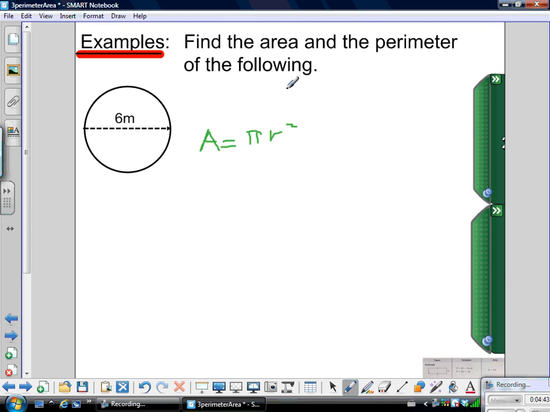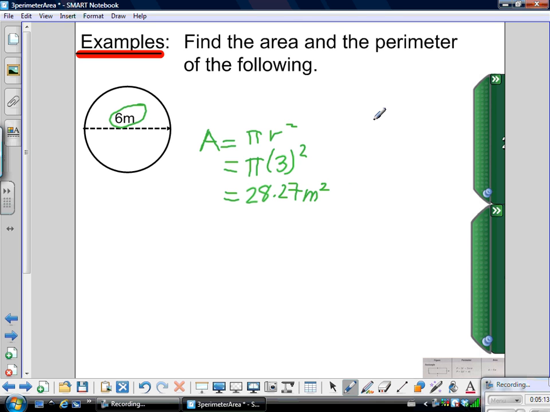In my picture, you can see that the diameter is 6, so my radius is 3, so I'm going to have pi times 3 squared, which is actually pi times 9. Punch that into our calculator and we end up with 28.27. For area, we're looking at squared units, so we're going to use meters squared.